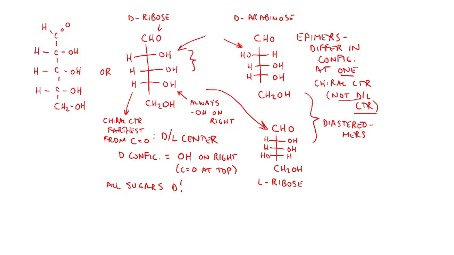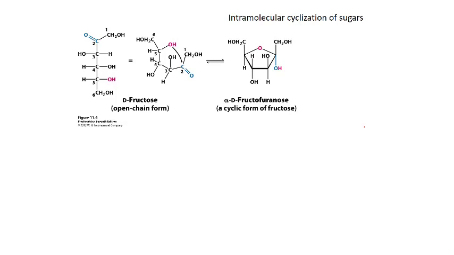So now that we've got that out of the way, let's take a look at what sugars actually look like, because as it turns out, they do not usually look like I've shown them on this slide. It turns out that sugars most of the time form cyclic structures. In other words, they're rings. The reason for that is because they have a carbonyl on them.